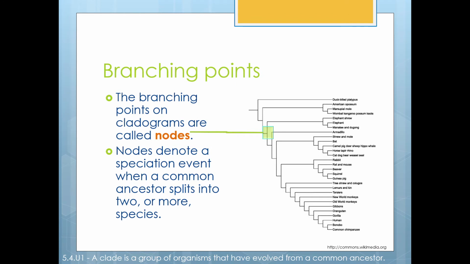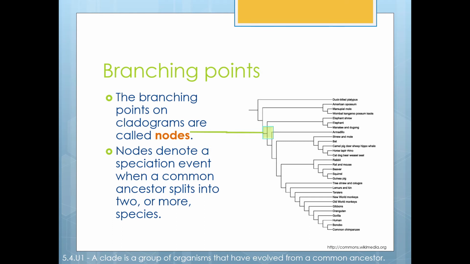Now, if you look at this diagram here, you can try to understand which kind of questions IB may ask about it. For instance, look at the very top of the diagram. You can see there the duck-billed platypus, then American opossum, then marsupial mole and wombat, kangaroo, possum, koala, the set of marsupial animals.